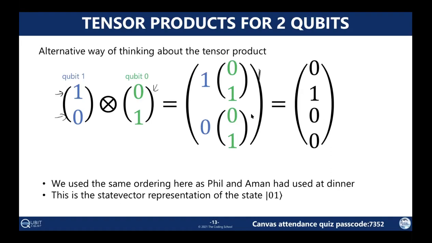Then you can take your second row of qubit 1 and multiply it by the full qubit 0 state vector, and that gives you your 3rd and 4th rows, or your 2nd and 3rd rows, depending on how you're counting. You can think of it either way, but it's pretty simple mathematics.